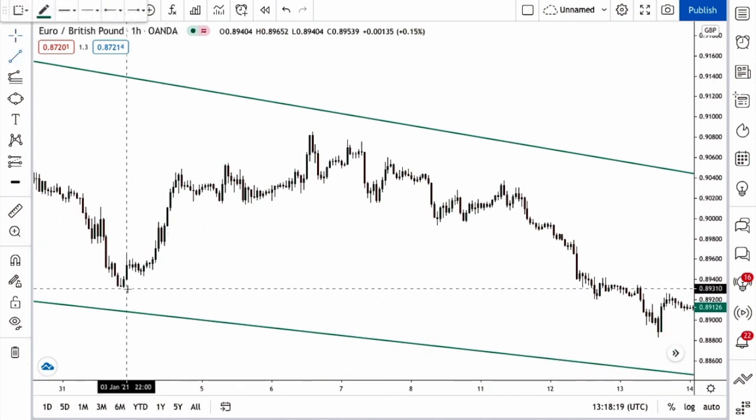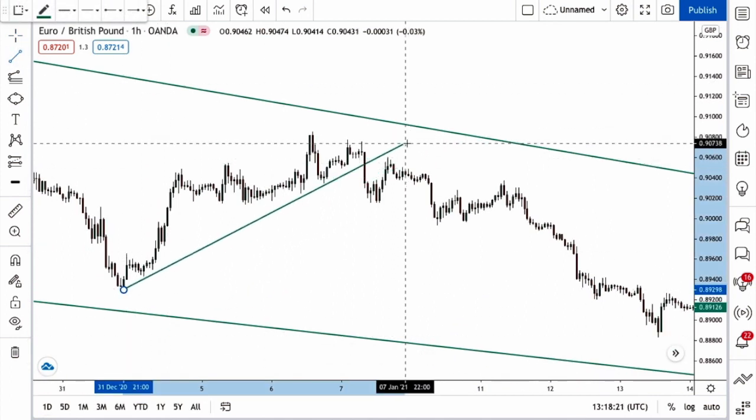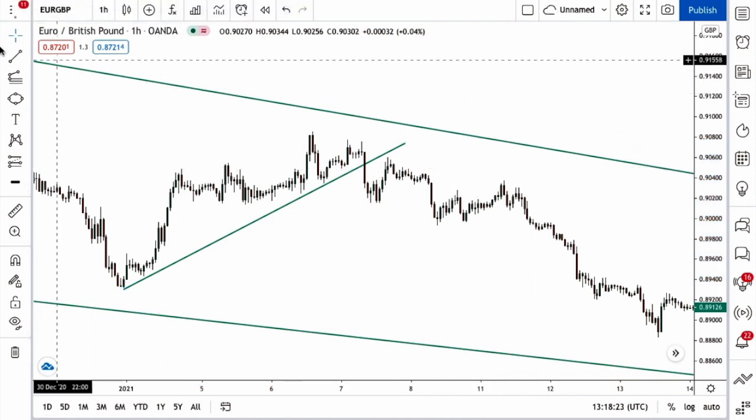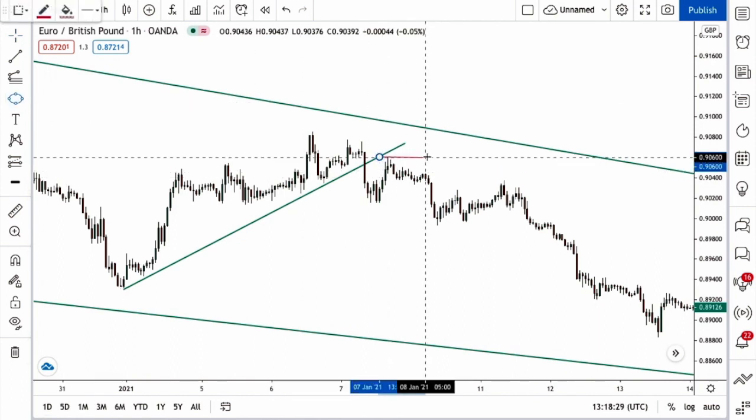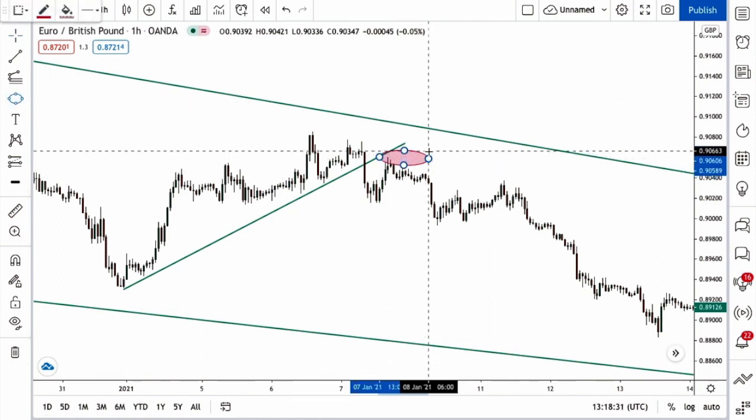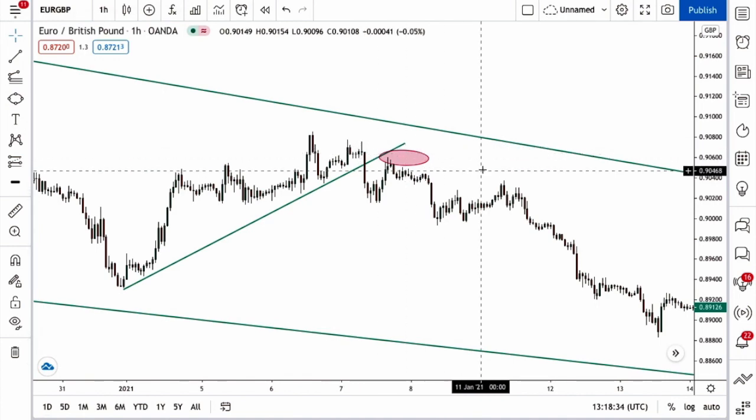And then here again, have a trend line opposite the direction of the trend, then there was a breakout, then a pullback there. That's where we'll be looking to take our sells, right at that area there.